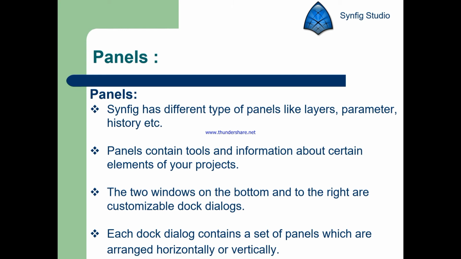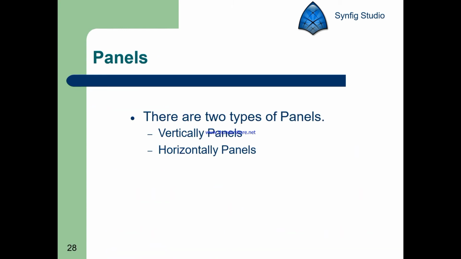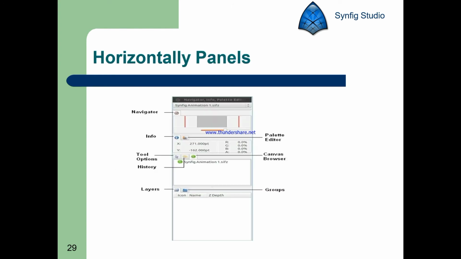The two windows at the bottom and to the right are customizable dock dialogs. Each dock dialog contains a set of panels which are arranged horizontally or vertically. There are two types of panels, vertical panels and horizontal panels.